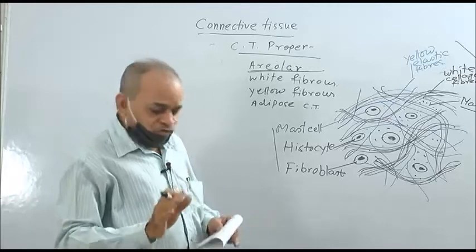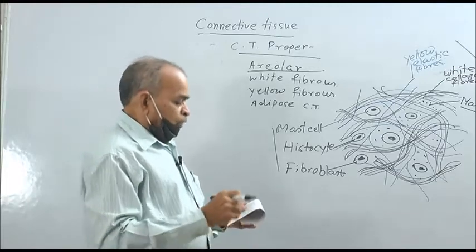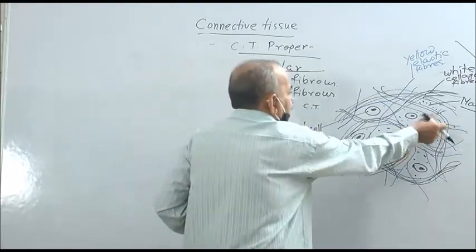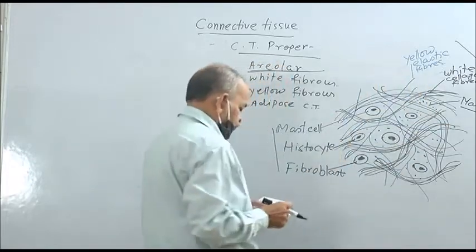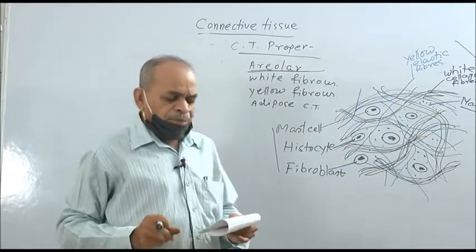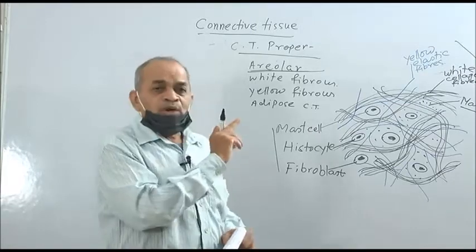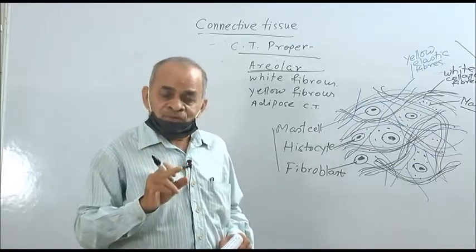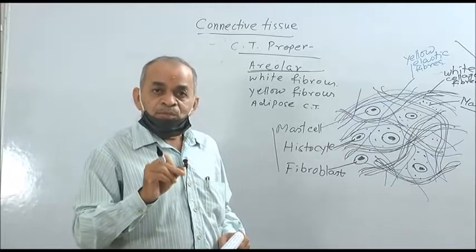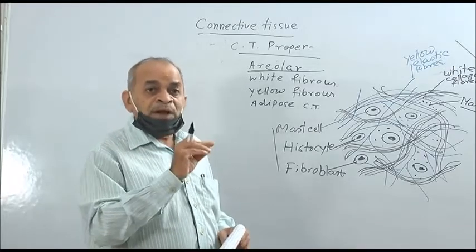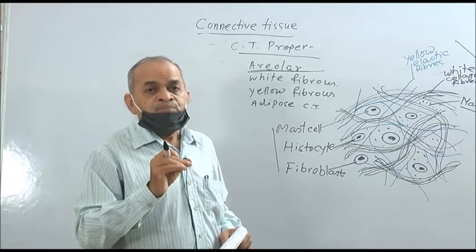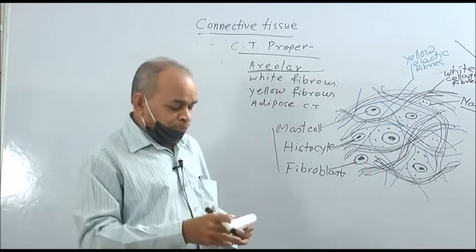They are not branched and are arranged in bundles. They are formed of a protein called collagen, so it is known as white collagen fibers. Collagen is the name of the protein.